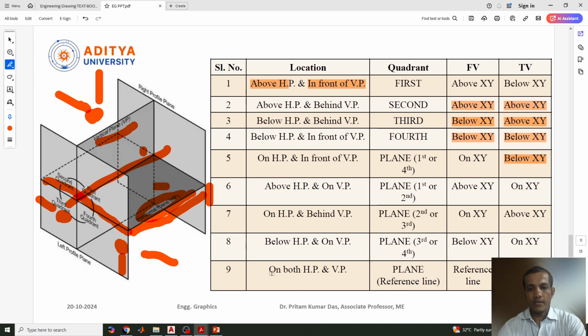And another point, the final one, on HP and VP. On HP and VP means it is nothing but on the reference line itself, on this original line itself. So the front view and top view both will be on the reference line.